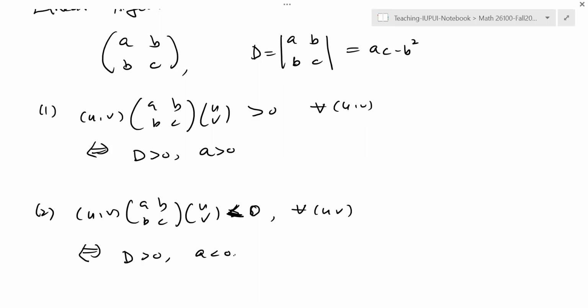Then it's inconclusive, I cannot say anything. So D must always be positive, then you can talk about local maximum value, local minimum value. So for an arbitrary symmetric matrix, this is how we check whether it is always positive or always negative: look at the determinant, then look at the coefficient.